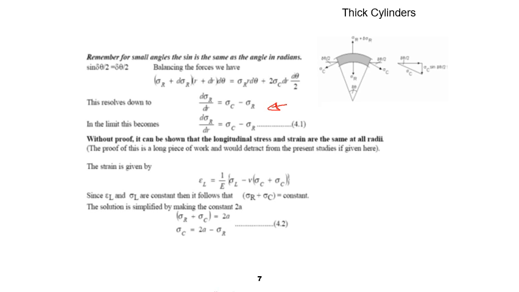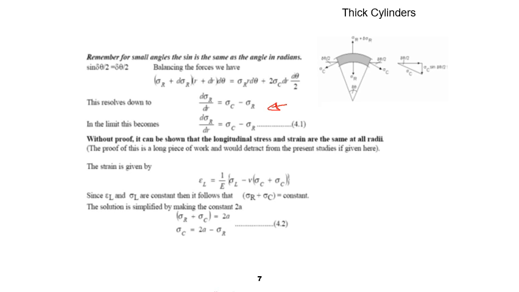Okay, we have sigma c on the right and sigma r on the left, so you can delete them. Okay, and within limits, we have d sigma r over dr is equal to sigma c minus sigma r. So that is our first equation for the relationship between sigma c and sigma r.